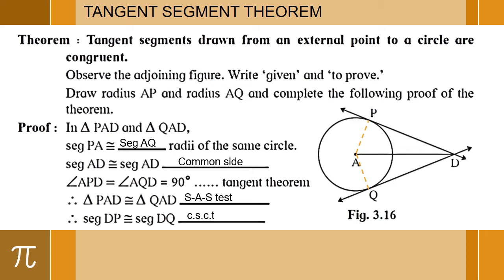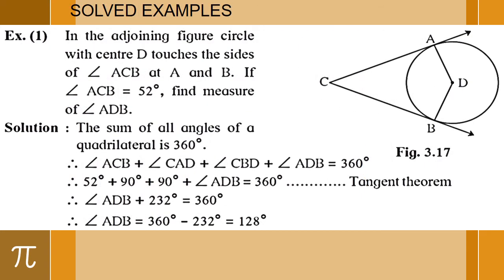Okay, now let's see a few solved examples in which we will use the theorems that we learned. So let's see the example. This is the first solved example. Okay, let's see what we are going to use over here.